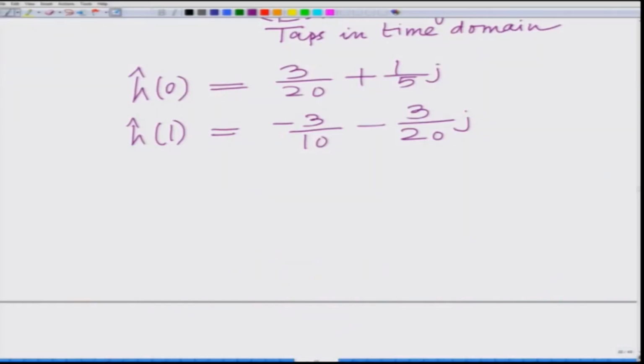Now, we have to compute, remember, the estimates of the rest of the channel coefficients in the frequency domain, corresponding to the information subcarriers, that is l equal to 1 and 2, and these can be computed as follows. Now, we have the estimates of the channel taps in the time domain.